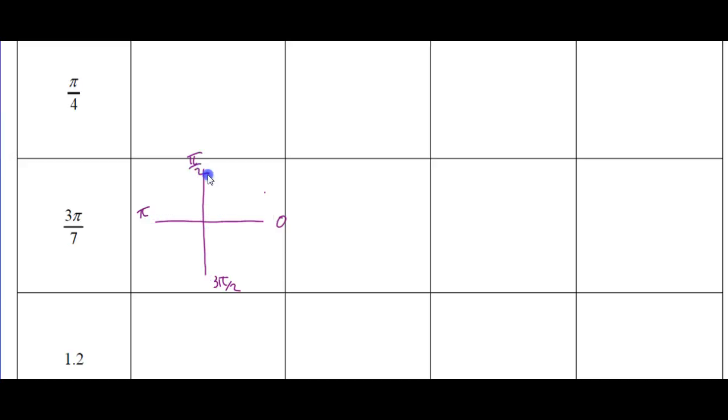So how big is 3 pi over 7 compared to pi over 2? If I want to put a 7 down here, I would have to multiply by 3.5. So pi over 2 is 3.5 pi over 7. Now I could also just go to 14 and say that's 7 pi over 14 and that's 6 pi over 14, which lets me know I'm fairly high up here.